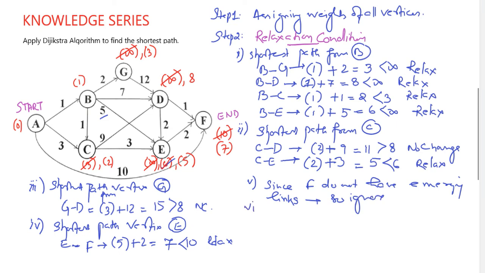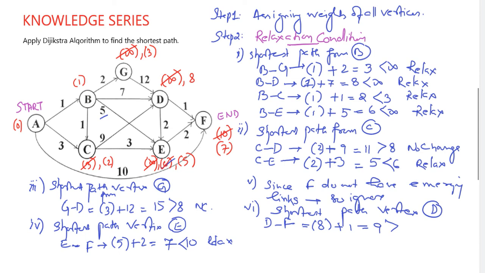Now what is remaining is D. So our shortest path vertex is D, with D to F and D to E. D to F is 8 plus 1, that is 9, which is greater than 5 plus 2, which is 7.